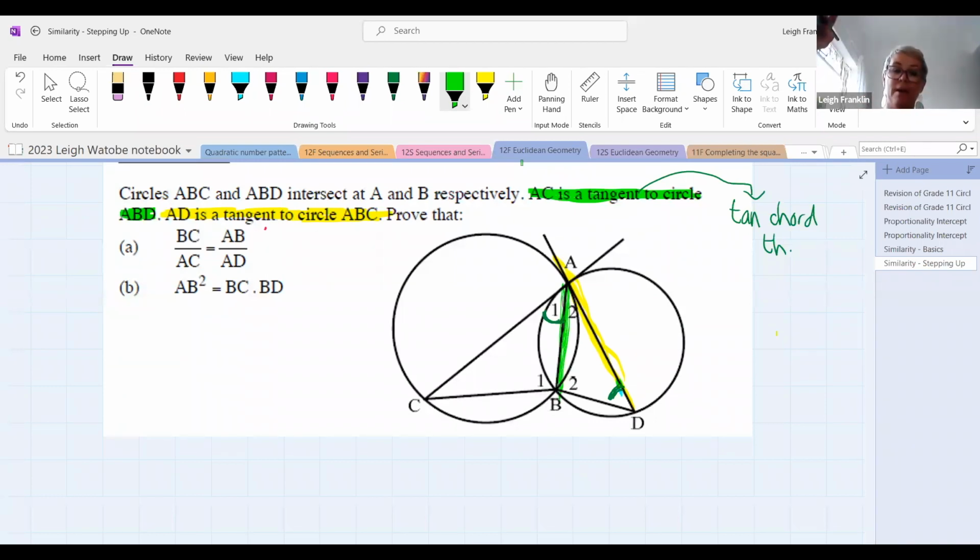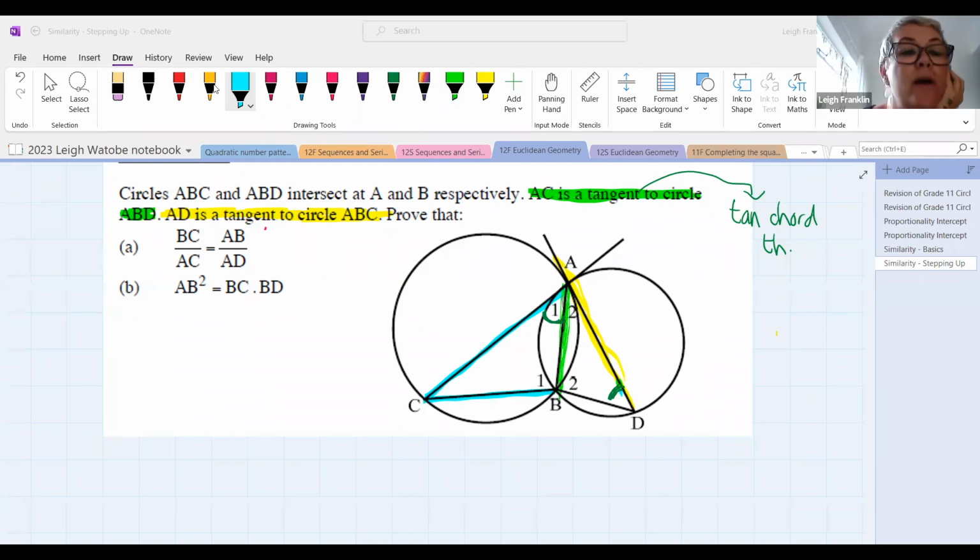Remember, chord AB subtends an angle at the circle. There we go. There's our angle at the circle. So which two angles are going to be equal to one another because of tan chord theorem now? There we go, Tina.